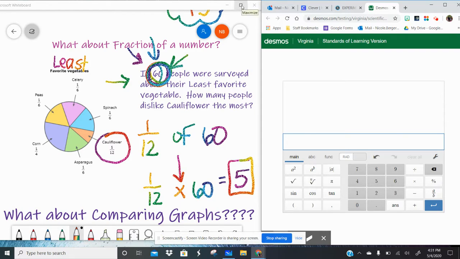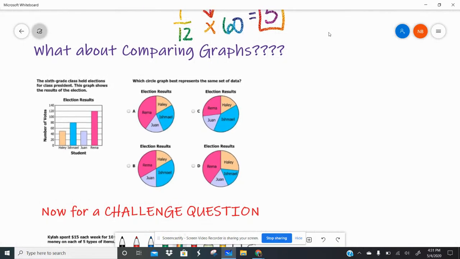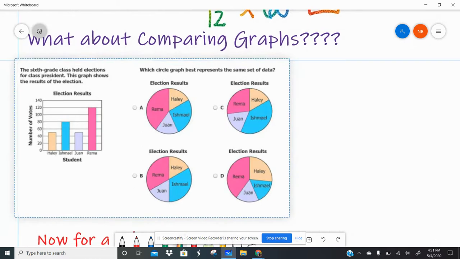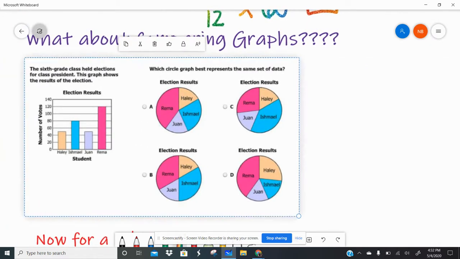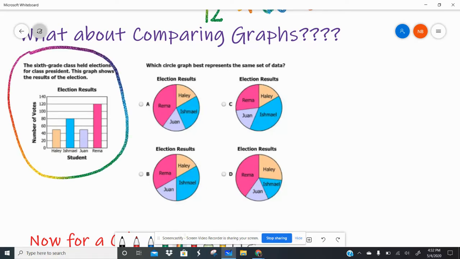I'm going to steer away from the Desmos calculator just really quickly to do this next problem. Part of understanding circle graphs is comparing circle graphs to other graphs. If we look at the election results in this problem where we have the bar graph, it says the sixth grade class held elections for class president.